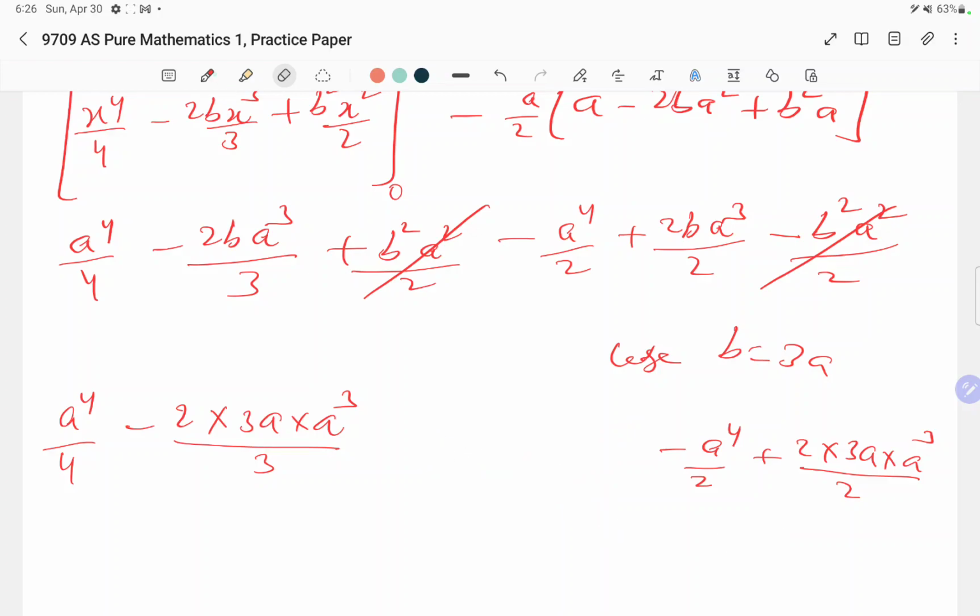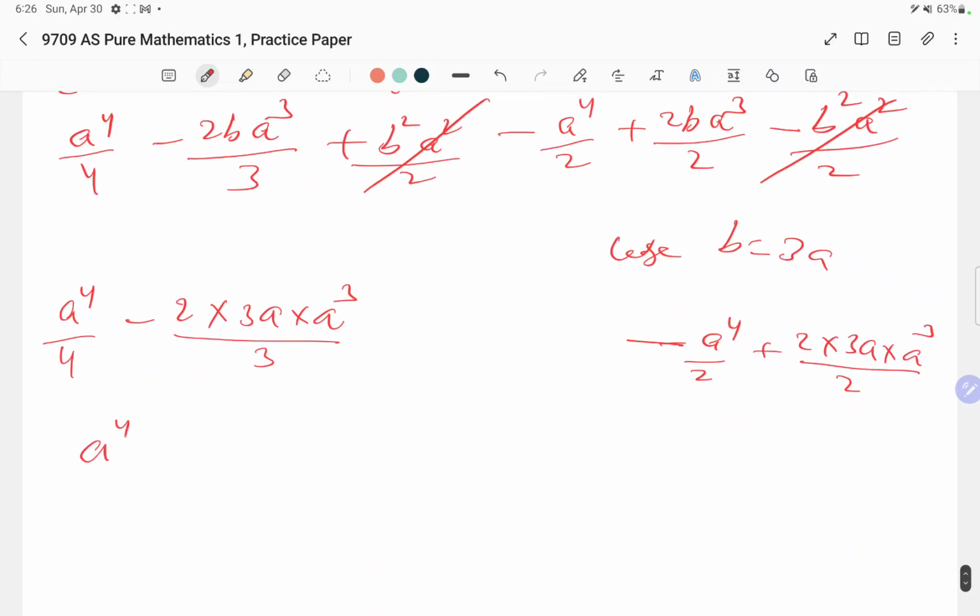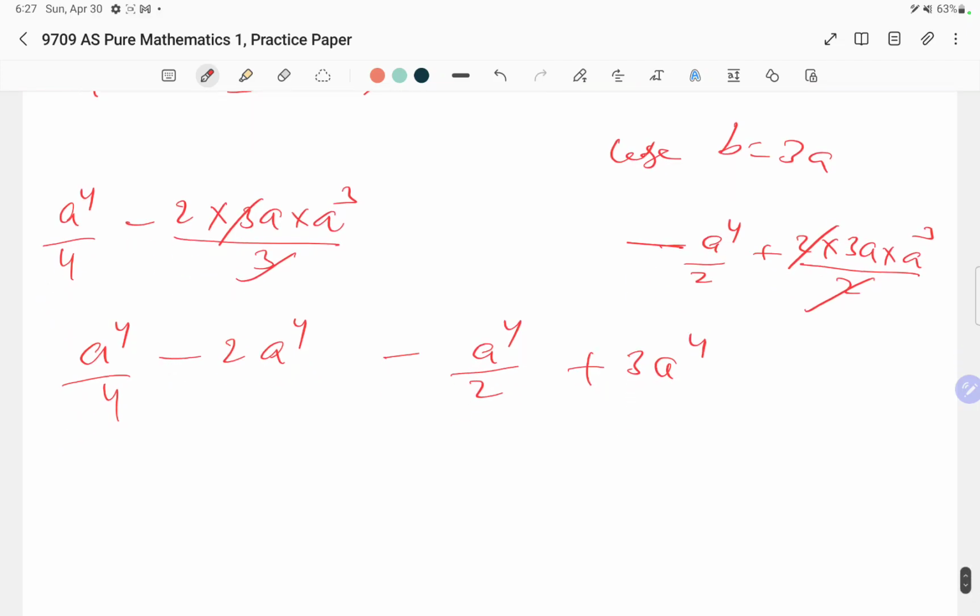Actually, b squared a squared over 2 and minus b squared a squared over 2 got cancelled, so we have only this. So this is a to the power 4 over 4 minus 2a to the power 4, minus a to the power 4 over 2, plus 3a to the power 4; the 3s and the 2s cancel.